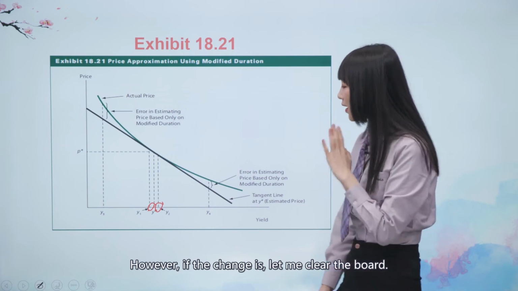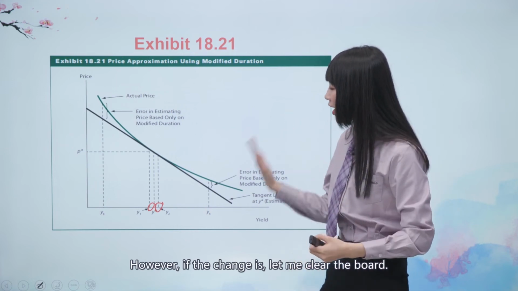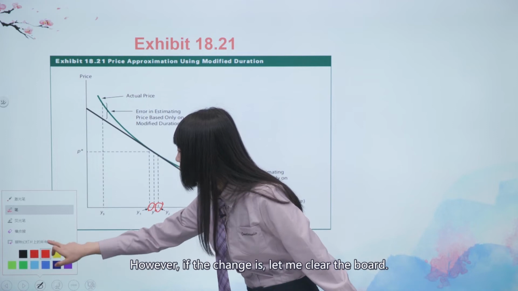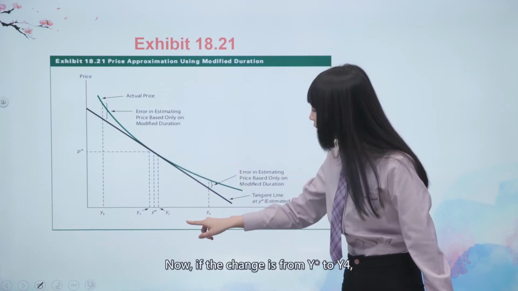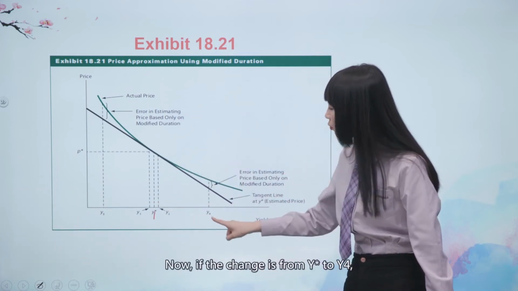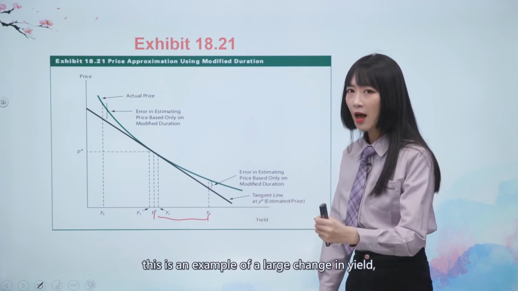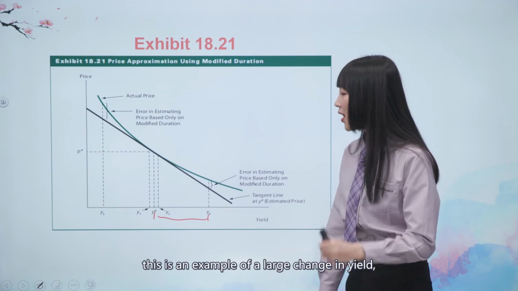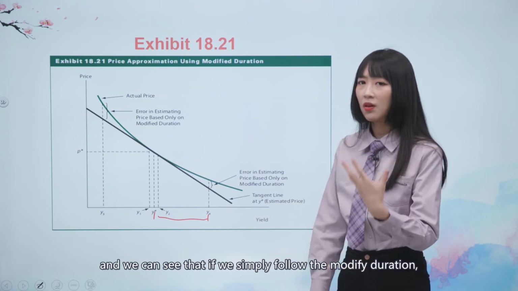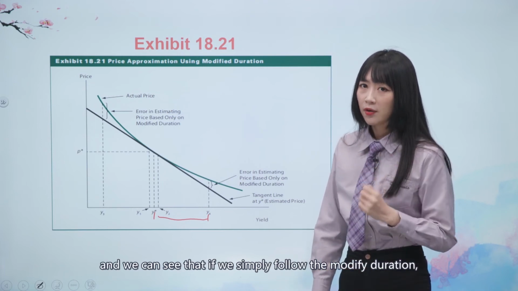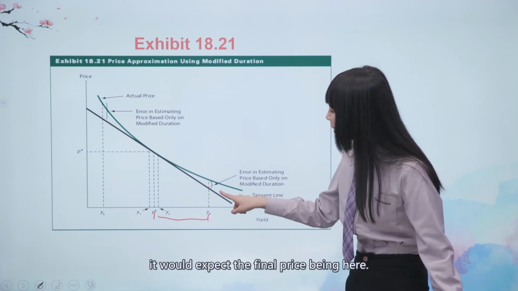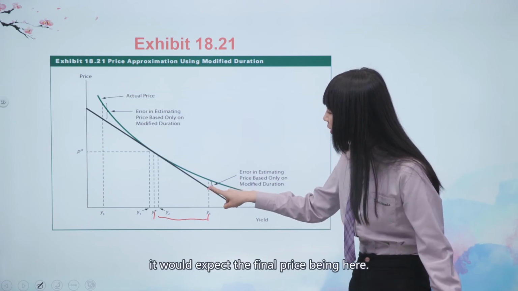However, if the change is, let me clear the board. Now, if the change is from y star to y4, this is an example of a large change in yield. And we can see that if we simply follow the modified duration, it would expect the final price to be here.